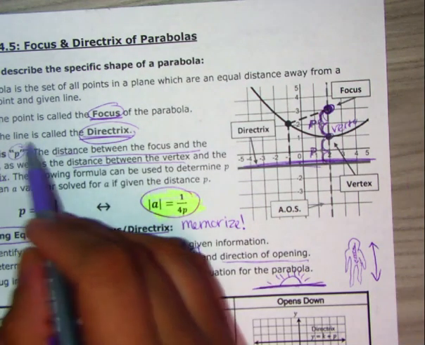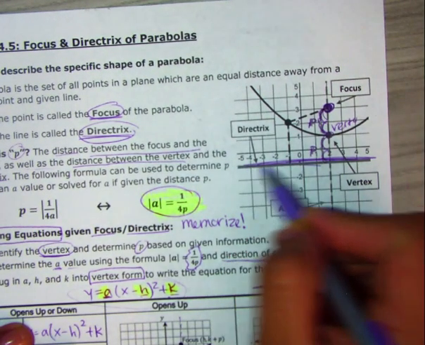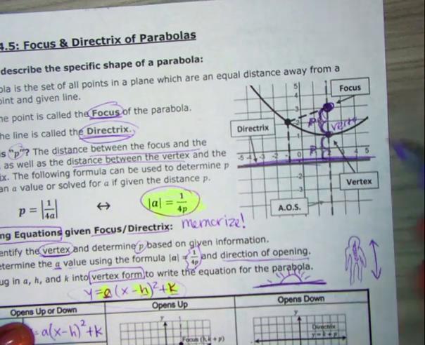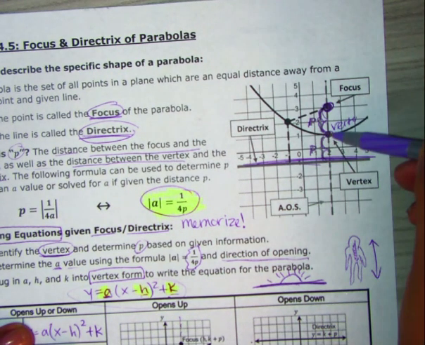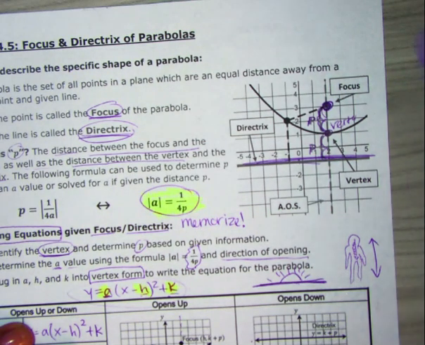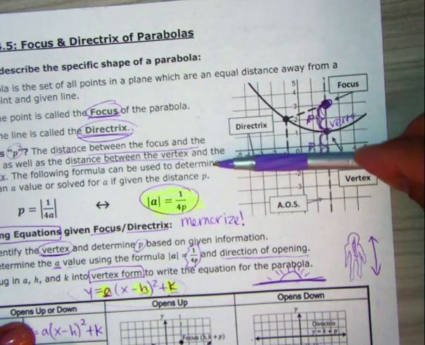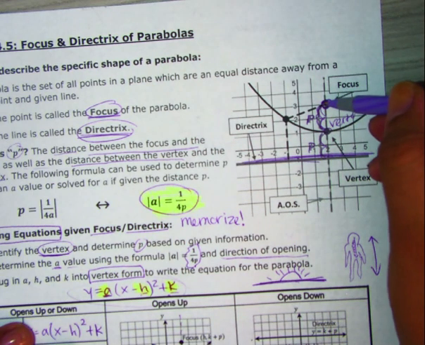It is a line that's always outside of the parabola. In this image, you're going to notice the parabola, the vertex, and the axis of symmetry cutting through it. The directrix is on the outside of the parabola, and the focus is just that point inside.